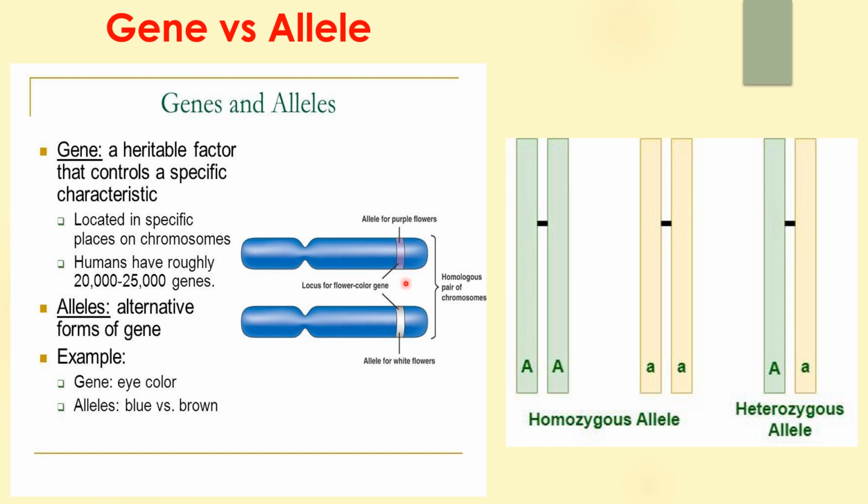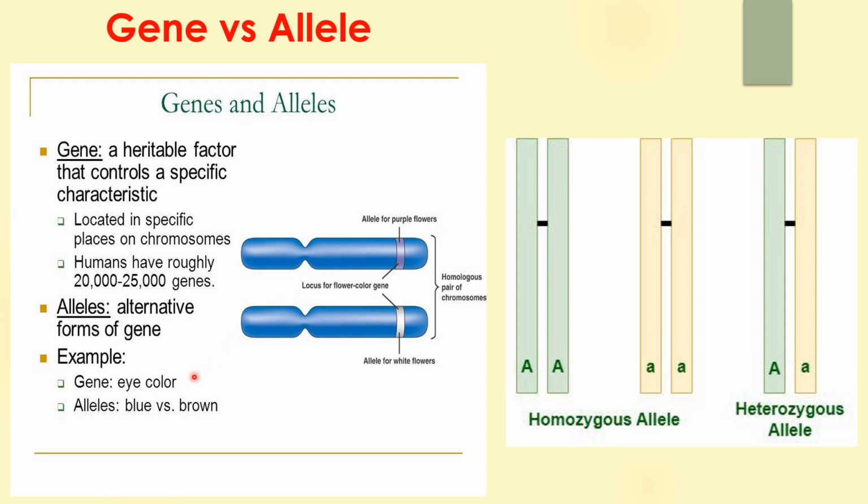If the allele for white flower is dominant, then the next generation flower will be a white flower. And if both are co-dominant, then it will be a light purple color. Now it depends on which allele is expressed. Accordingly, the next generation outcome will be there.